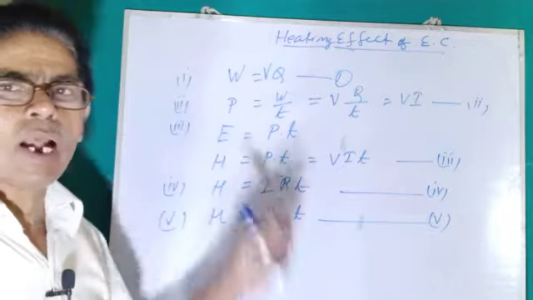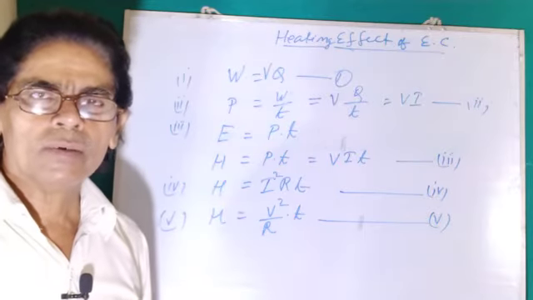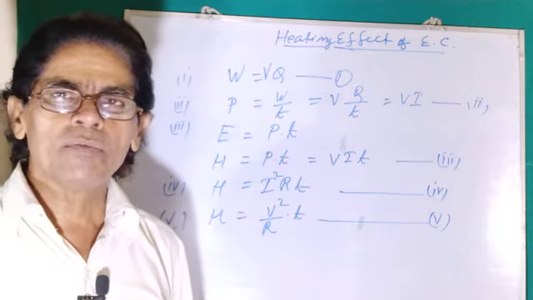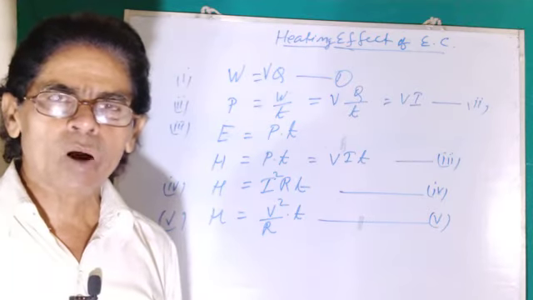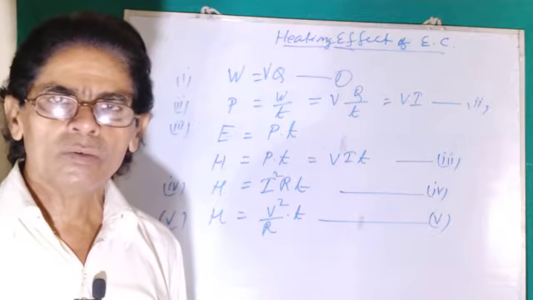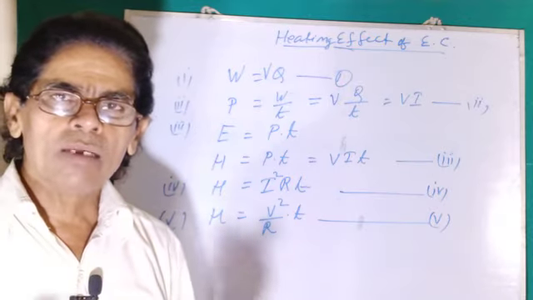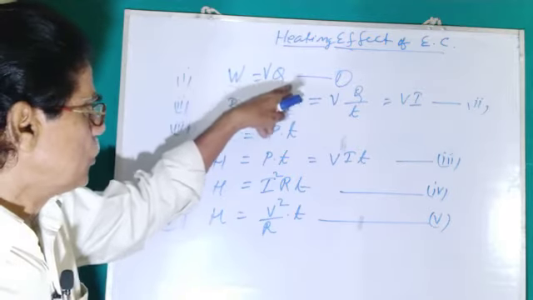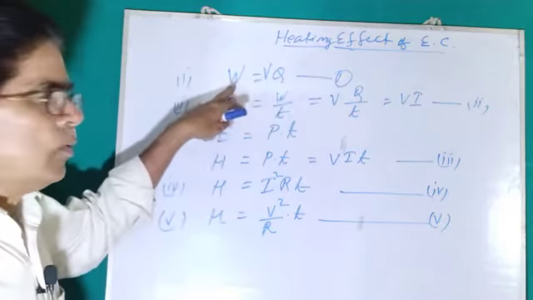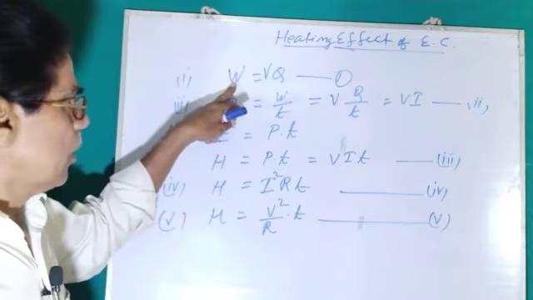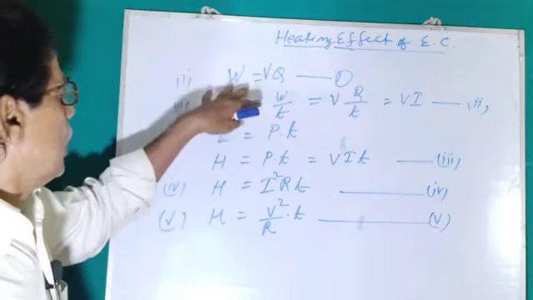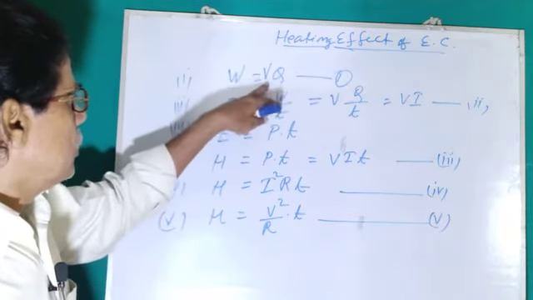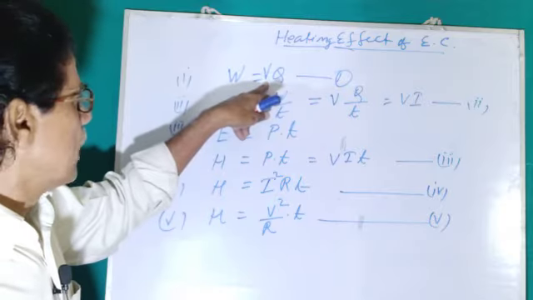If you are asked to find the electrical work done when the potential difference and the amount of electric charge passed are given, then you can use the relation W equal to V into Q. Suppose electrical work done and charge are given, then you can find the potential difference.